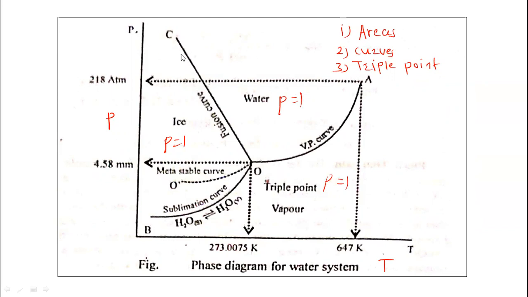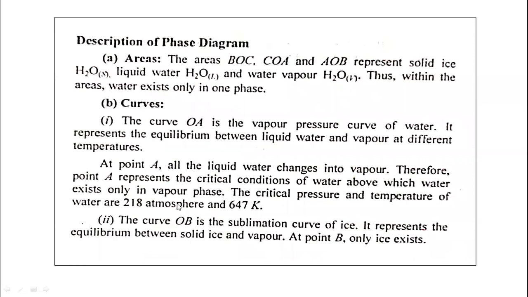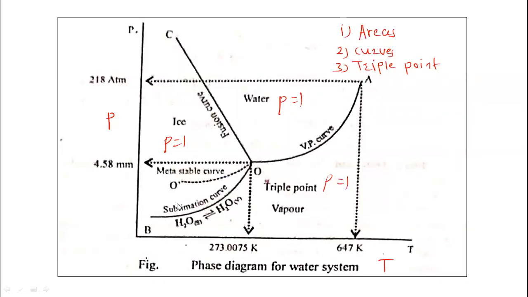So as we increase the pressure, the melting point of the ice goes on decreasing. The temperature goes on decreasing as we move from this point to point C, where solid ice is in equilibrium with the liquid water. So we decrease the temperature here, but the pressure increases.